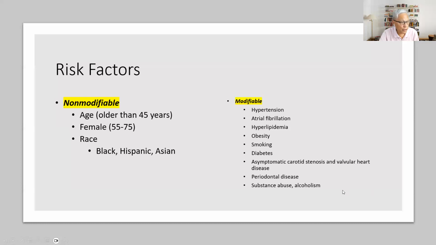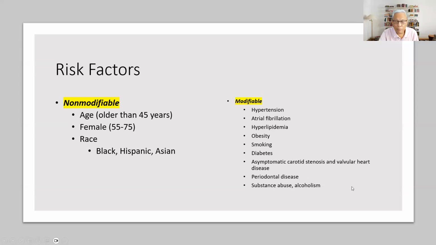I don't know if you have heard about it, but a lot of people who develop stroke sometimes do not have any of these risk factors, but the only thing that happened was they had an infected tooth, which caused them to have a stroke. And this is a rare one, but it actually happens. Actually, I know of someone that died as a result of a stroke secondary to a tooth infection.